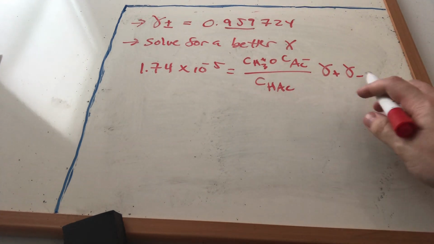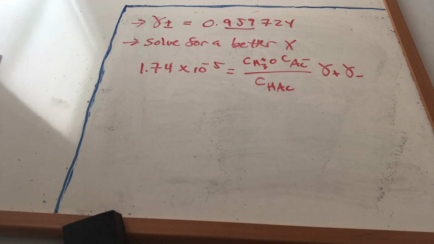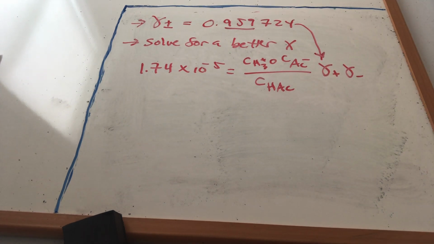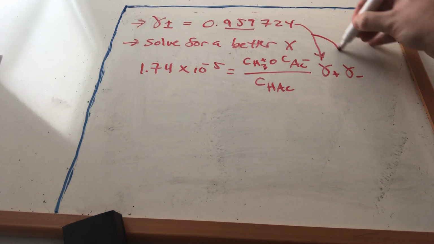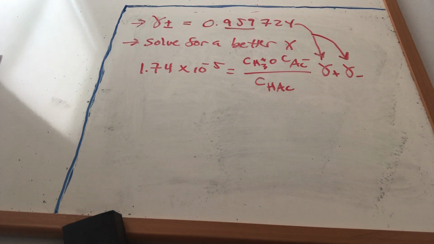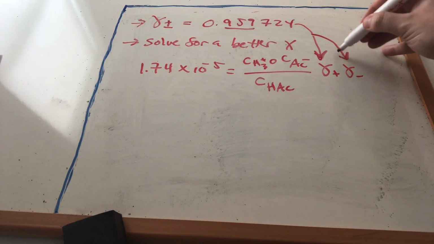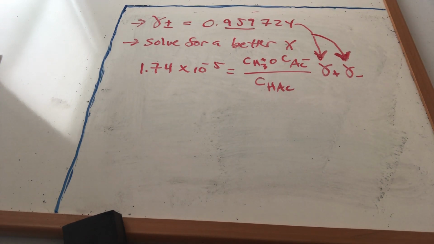You could use these as superscripts or subscripts, it really doesn't matter. Well, you know what gamma plus is? It goes there. You know what gamma minus is? This goes there. So everybody understand that idea. Gamma plus is that number, and gamma minus is that same number. That's what the Huckel theory tells us.